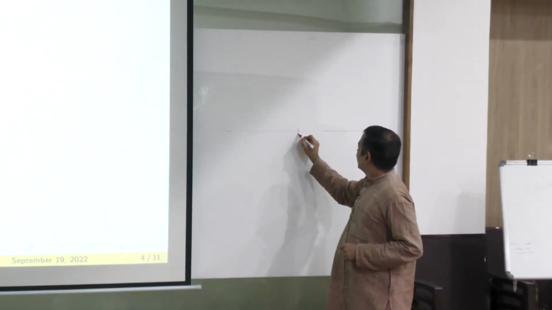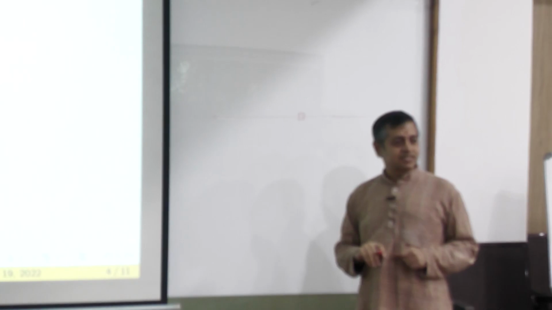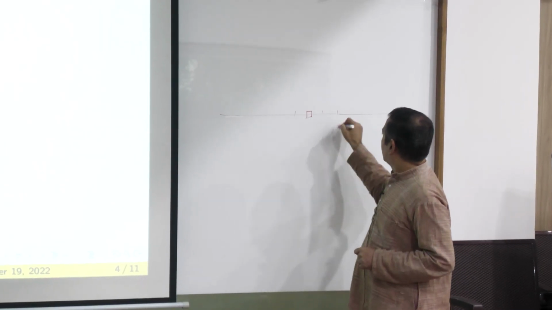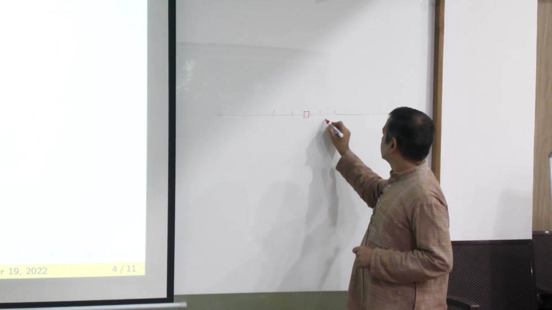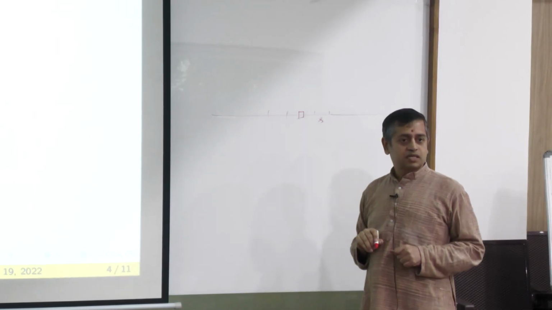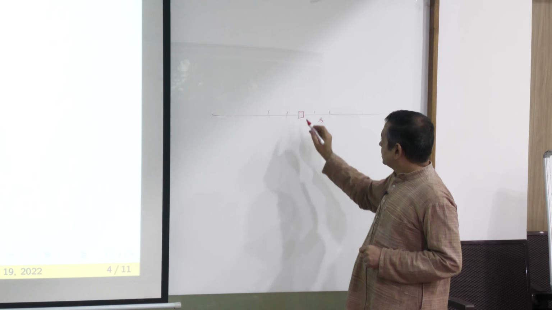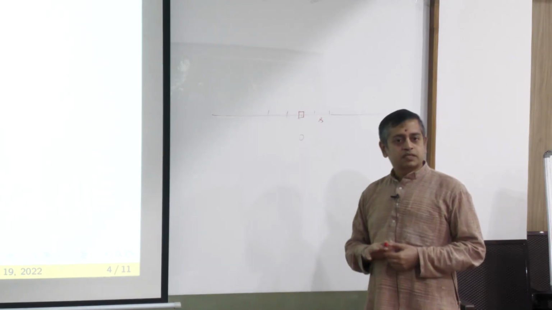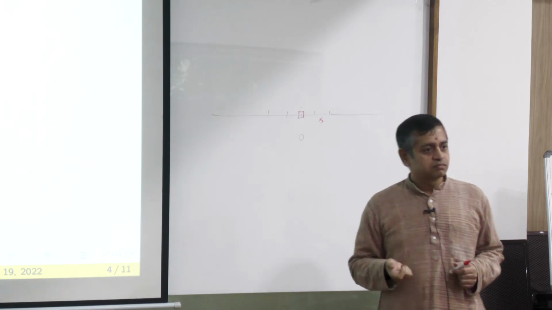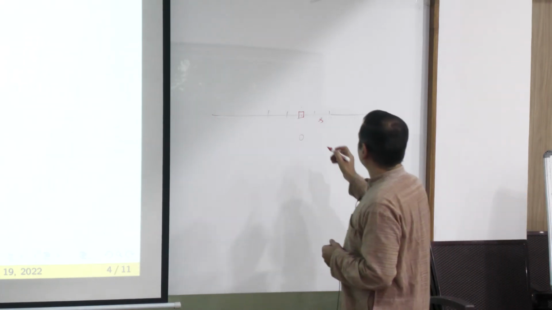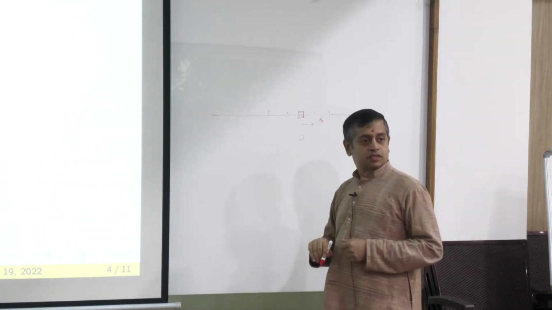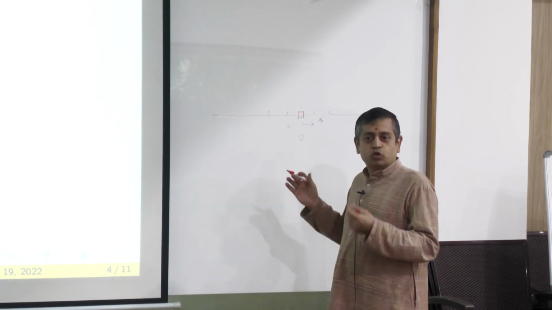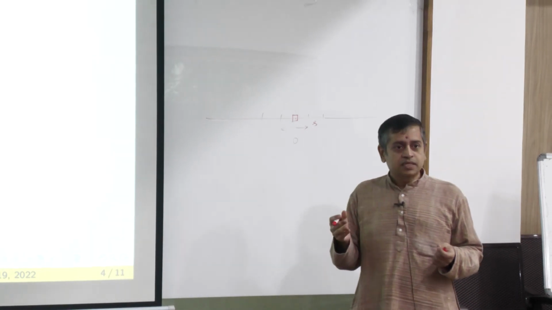Let us say that I have a vacant site, and that this is a lattice, with sites at equal distances, let us say that distance is S, and let us say that this is the origin to begin with. Then I toss a fair coin, and if it comes head, I go here. If it comes tail, I go here, and I keep doing this exercise.